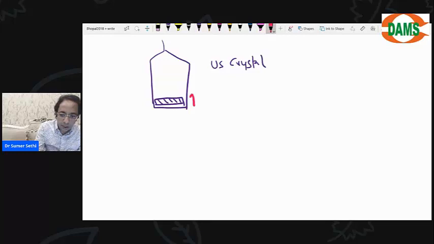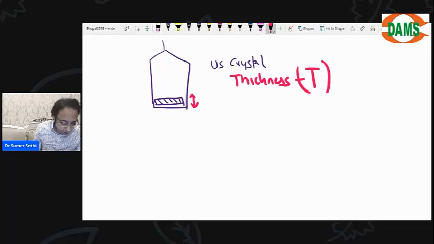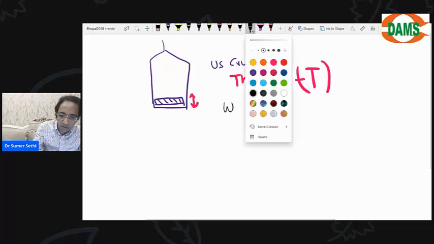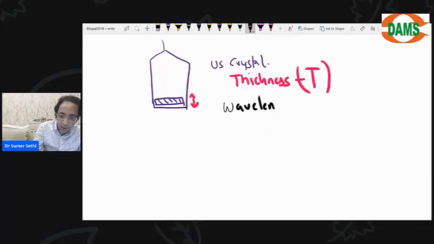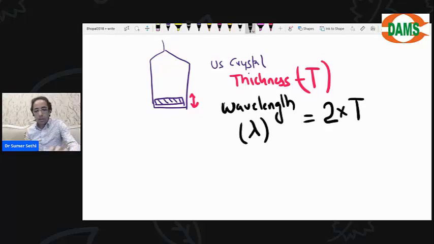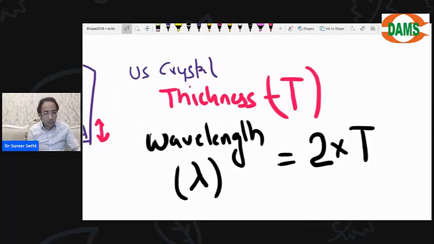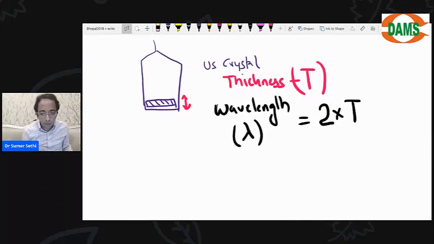This crystal has a thickness of T. Any ultrasound machine which has a crystal thickness of T will produce sound which has a wavelength, a little bit of physics, don't panic beta, wavelength is written as lambda if you remember from school, of 2 into T. So the sound produced by this machine will have wavelength 2 into T.